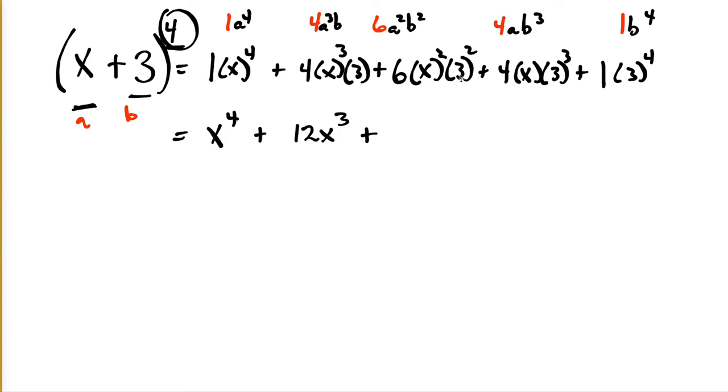This one becomes 9 times 6, 54x squared. 3 cubed is 27. What's 27 times 4? 80. We got 108, thank you. 108x to the first. 81. Yeah.